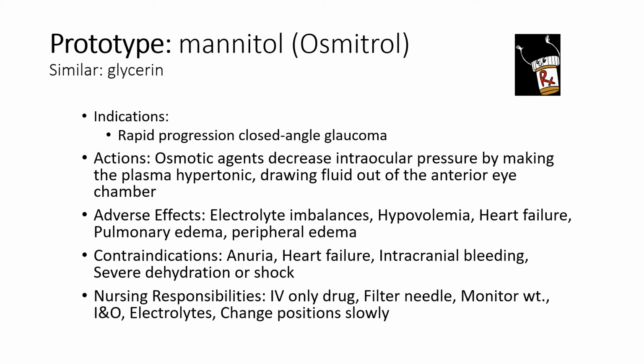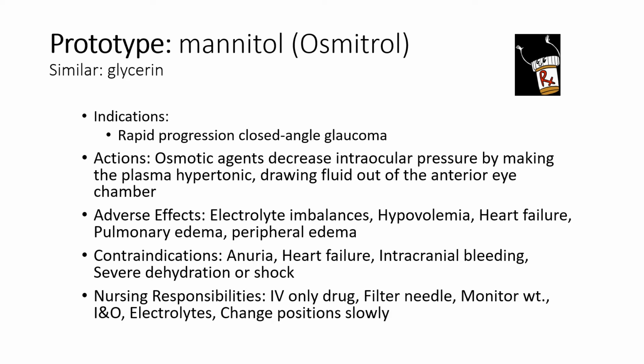Contraindications, so there you go. Well, anuria means you're not making urine. So if you're not making urine, your kidneys probably aren't being perfused or they're not functioning. So we wouldn't use a diuretic if they're not working. Heart failure, well, because you're drawing so much fluid into the intravascular space and then taking it to the kidneys to be drained, that's its overall effect.